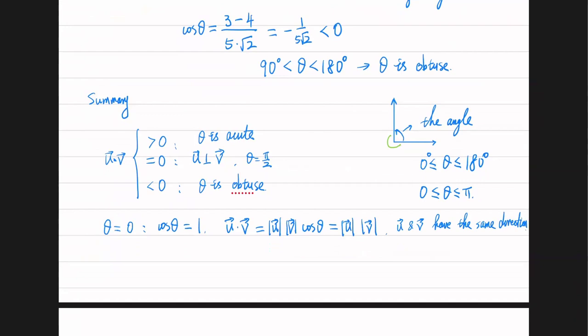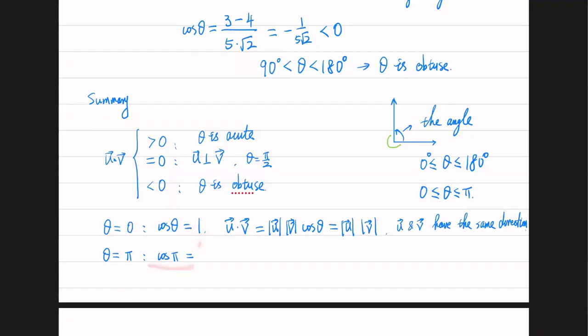Okay, another case, this is pi. Cosine pi. Think about it. What's cosine pi? Cosine 0 is 1. Cosine pi over 2 is 0.